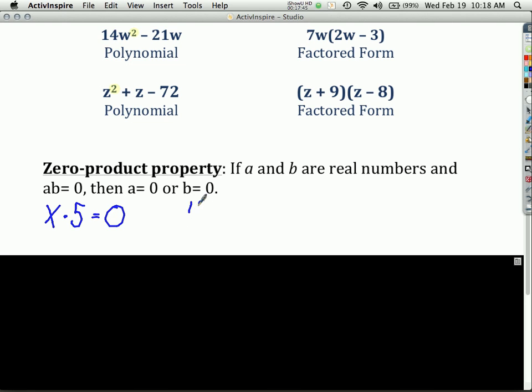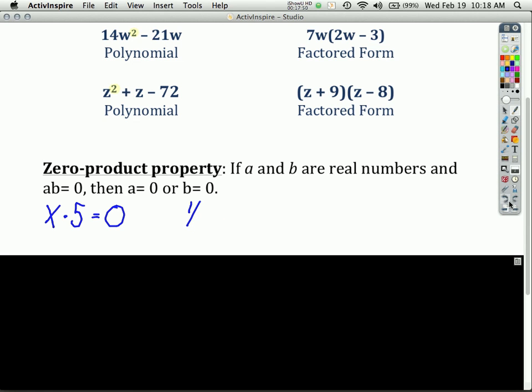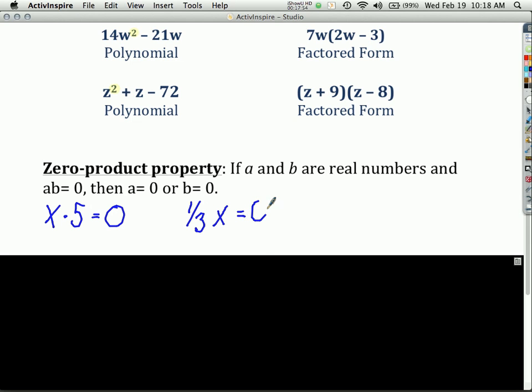If I did 1/3 x equals 0, what must x equal? Come on. 0, it has to.